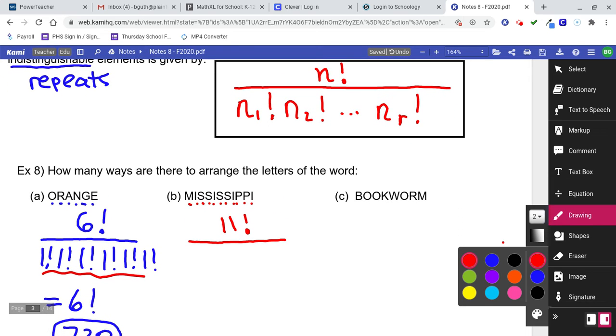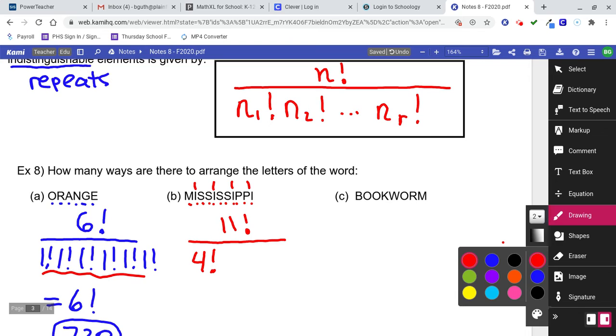See how there are 4 I's? 1, 2, 3, 4 I's. I'm going to divide by 4 factorial. Basically, what that's doing is figuring out the ways of shuffling those I's. If you shuffled those I's, nobody would know because they're indistinguishable.